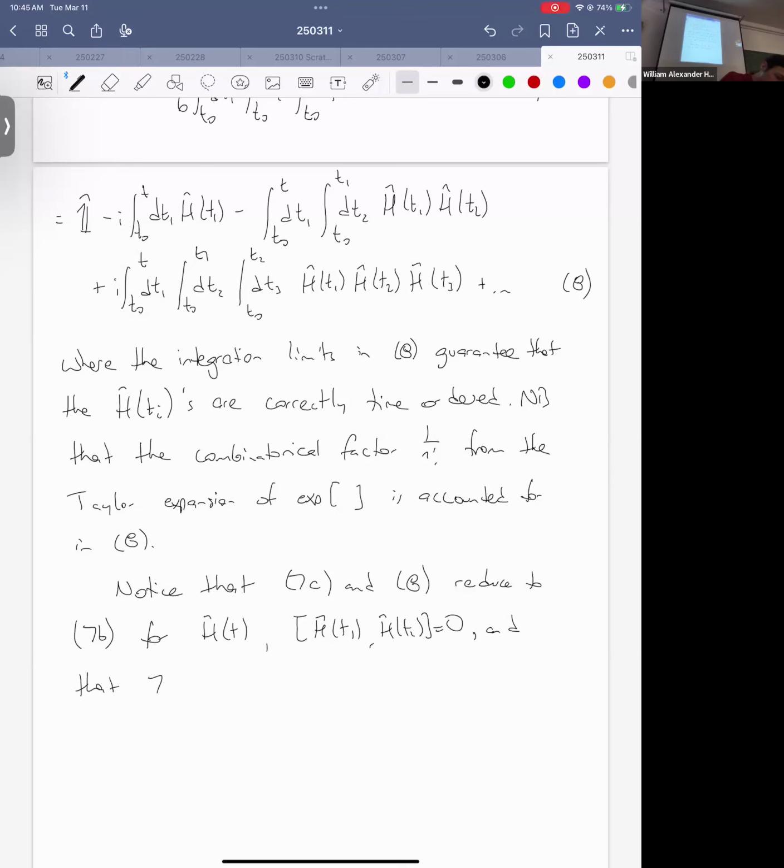And that 7b reduces to 7a for H hat t independent, as we would definitely demand.